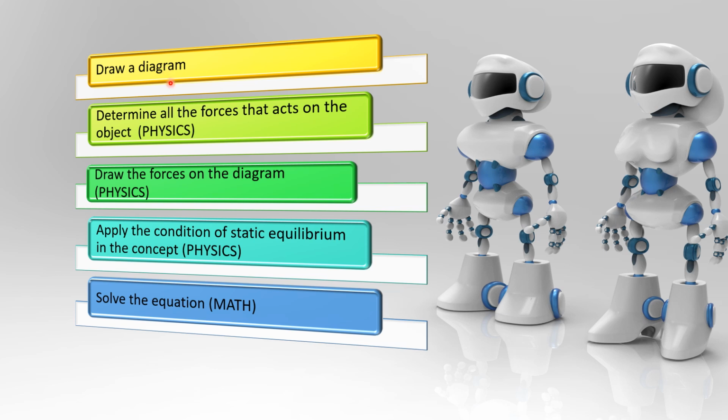As soon as you have finished drawing the diagram, you must determine all the forces that act on the object in that question. Then you draw the forces on the diagram. Then you apply the condition of static equilibrium. Then you solve the equation. You have to do this step by step.